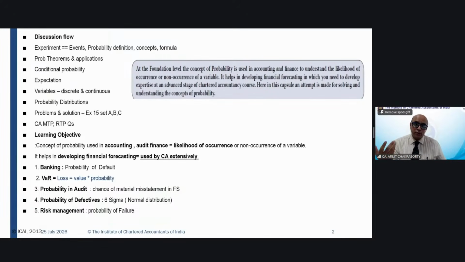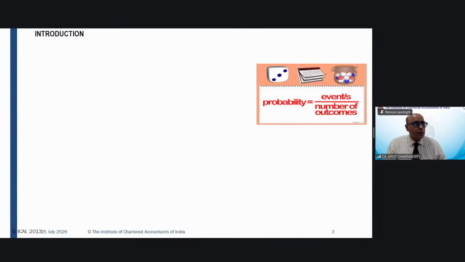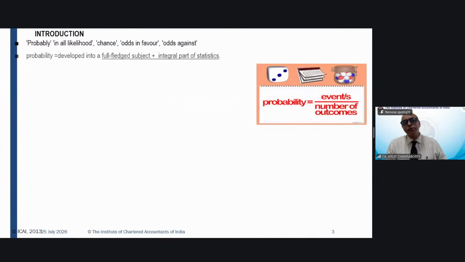You must have seen a lot of accidents taking place, but still the probability of failure can happen in any industry. This is mapped, this is quantified using the formula, using the principles we are going to learn over the next few hours. So the introduction to probability means chance.